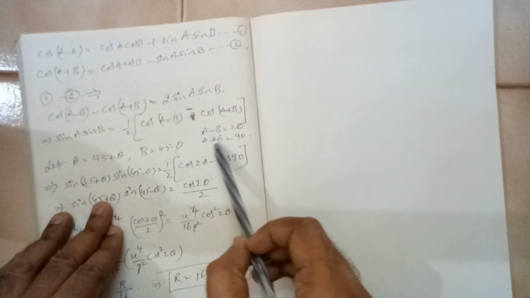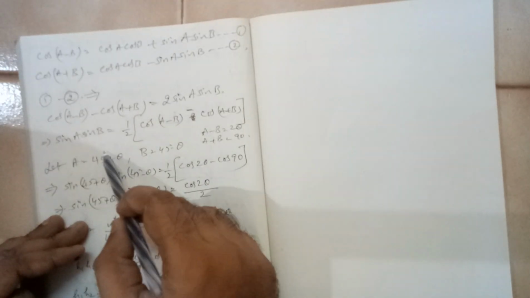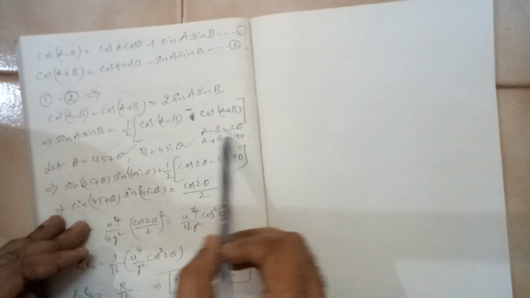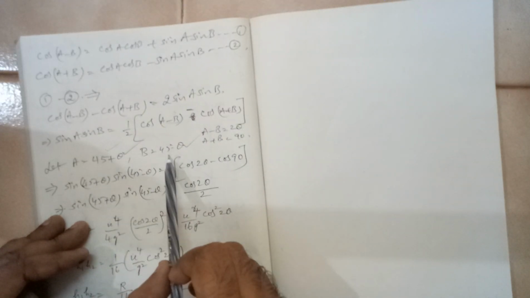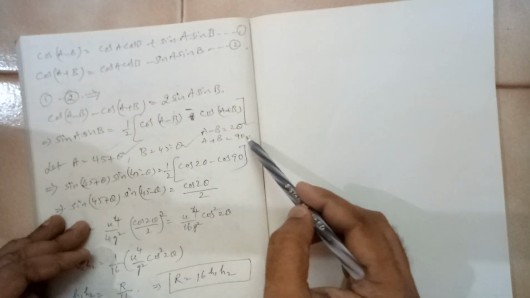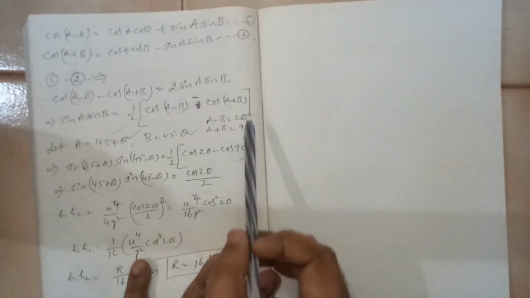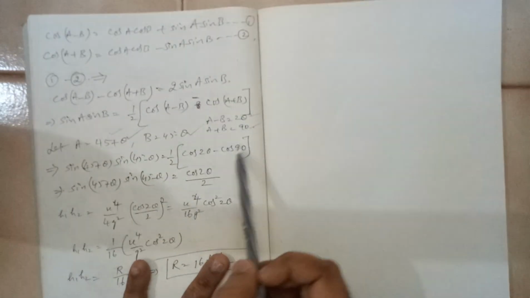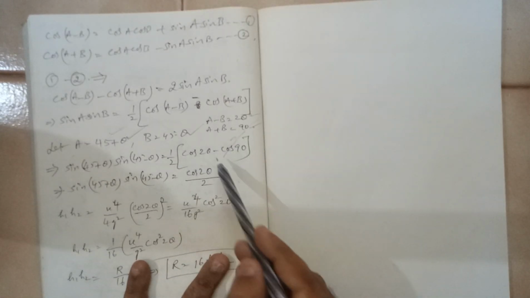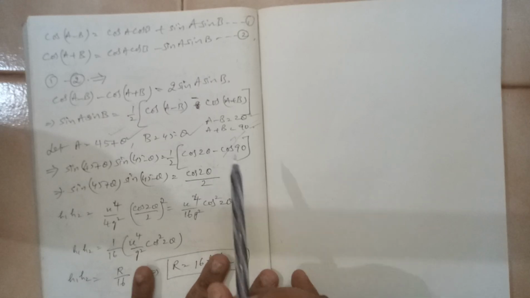So what is a minus b here? See, a is equal to 45 plus theta and b is equal to 45 minus theta. So a minus b will be, 45 gone, theta minus of minus theta, 2 theta. A plus b will become 90. Just substitute the values here. Cos of a plus b will become cos 90, that value is 0, not required. We are left with only cos 2 theta by 2.